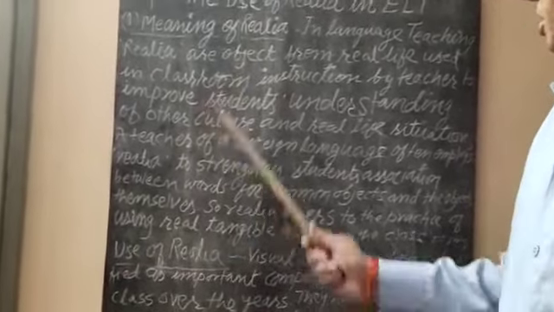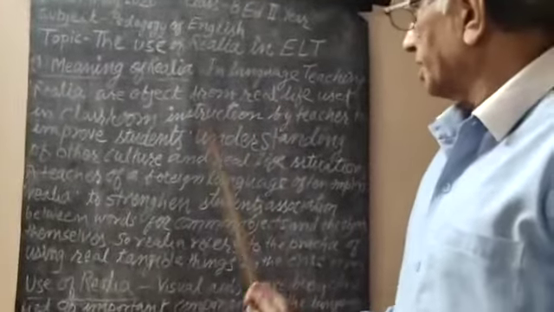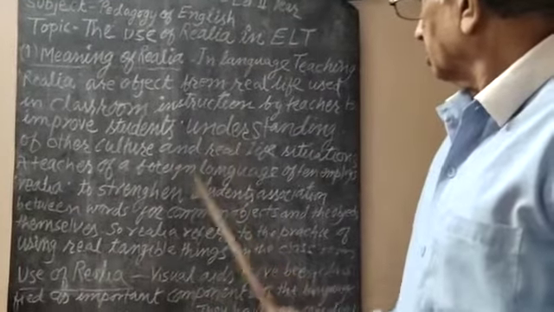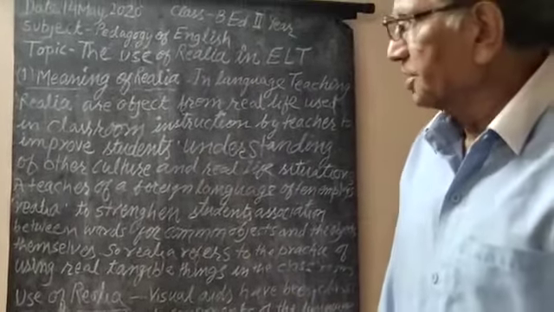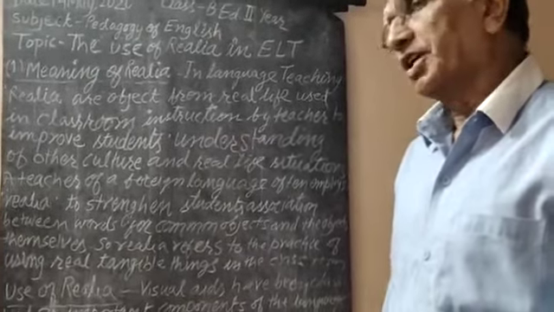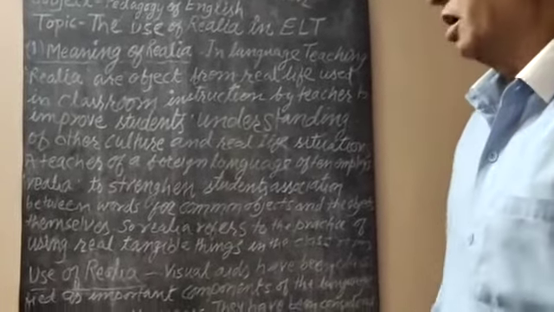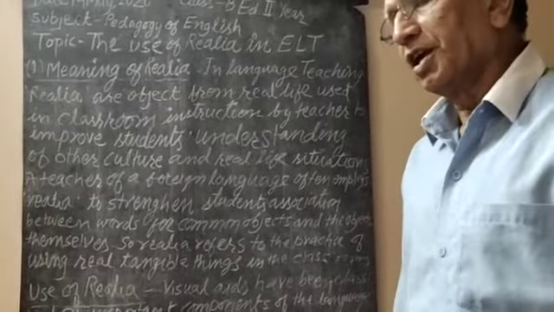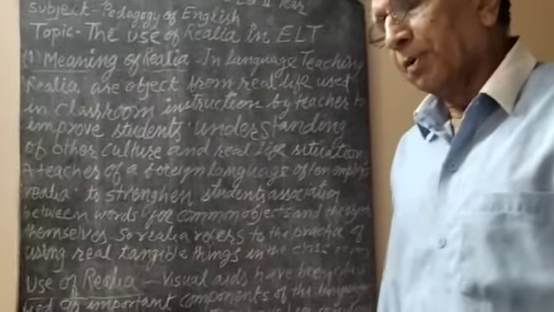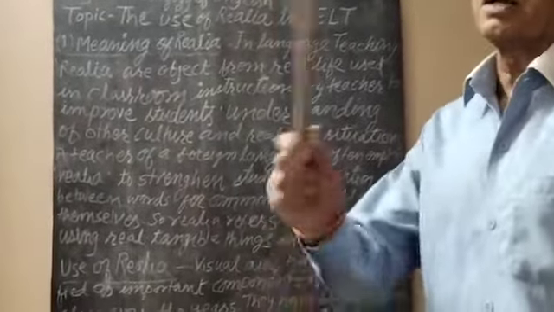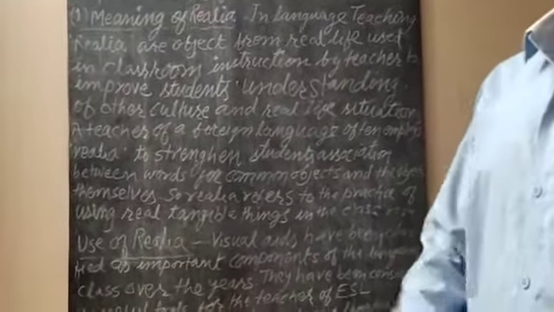Real life is used in classroom instruction by the teacher, and students understand very clearly with the help of Realia. It is especially helpful to understand other cultures and other places.